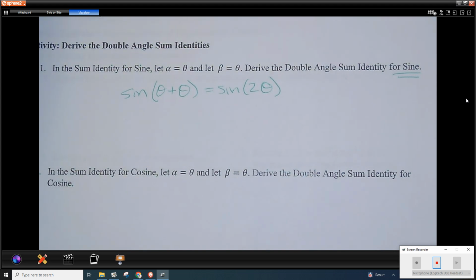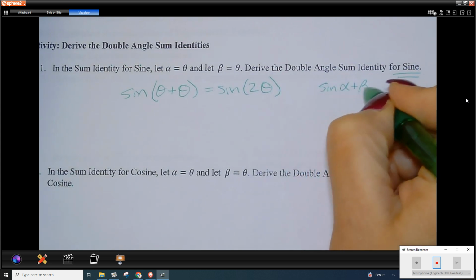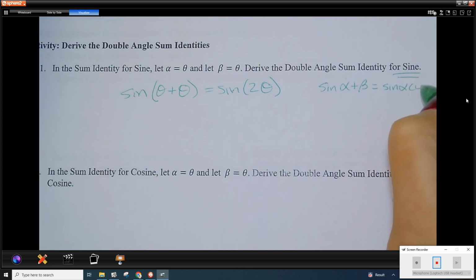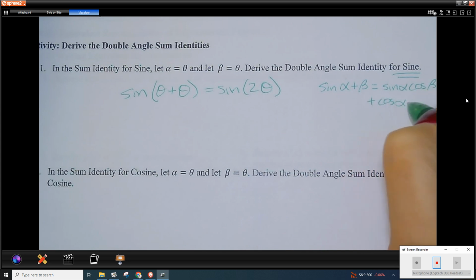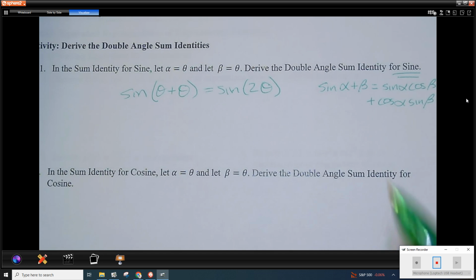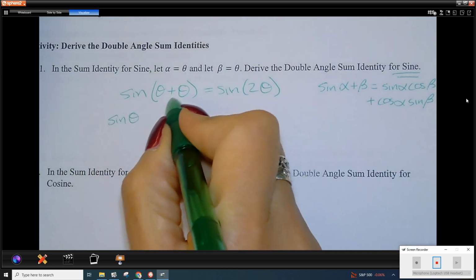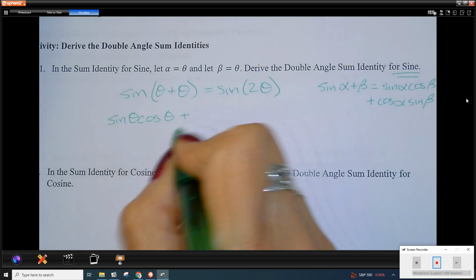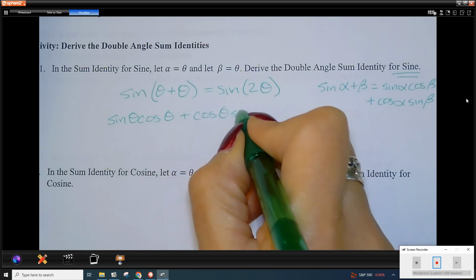Okay, so remember sine of alpha plus beta is sine of alpha cosine of beta plus cosine of alpha sine of beta. So we're going to get sine of theta cosine of theta plus cosine of theta sine of theta.